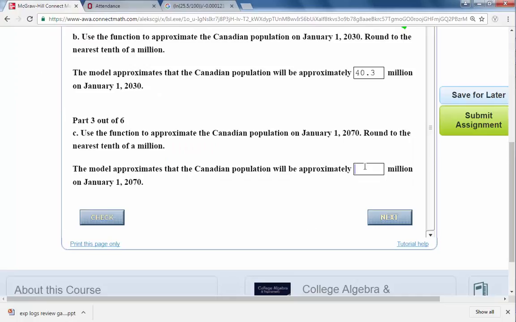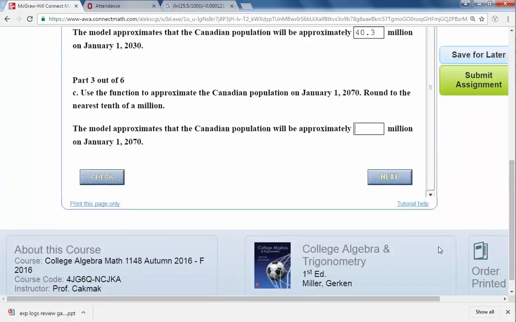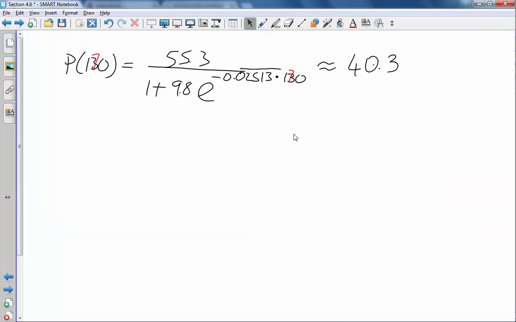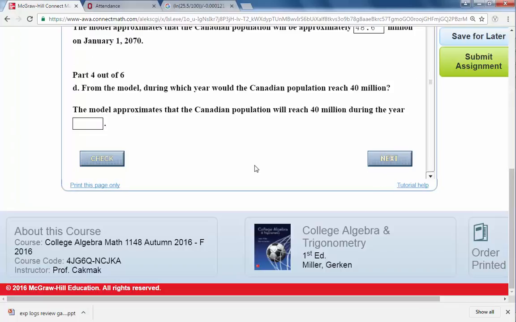Estimating from the picture at 170, I'm expecting a little bit around 50 million, or maybe under. So when you get a weird answer from your calculator, you can justify it from the picture. But what did you get? 48.6. That seems reasonable, around 50.